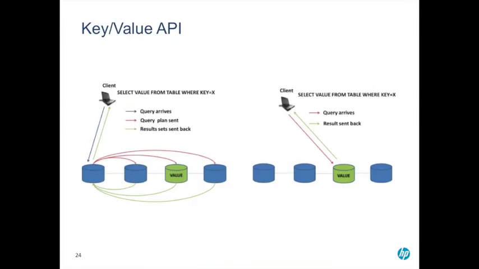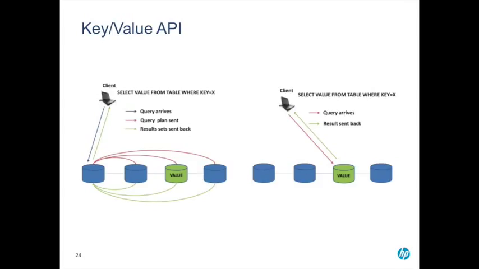So with 7.0, what HP has introduced is the JDBC key value API, which is allowing you to quickly query data when a single or only a few rows are being returned and the data exists on a single node. So the idea is that the feature is ideal for high-volume, short requests that return small numbers of results.